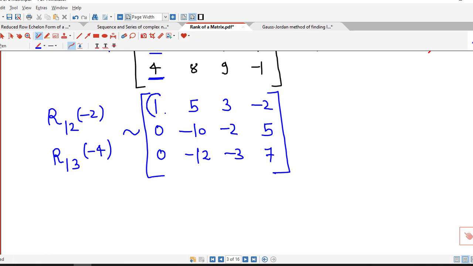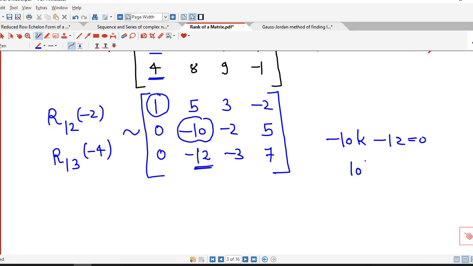So this is the first non-zero entry of the first row, and we have all the entries below this entry 0. Now this is the first non-zero entry of the second row, so we have to make this entry 0 by multiplying a suitable number to the second row. Suppose we multiply minus 10 with k and add here, and we obtain 0.